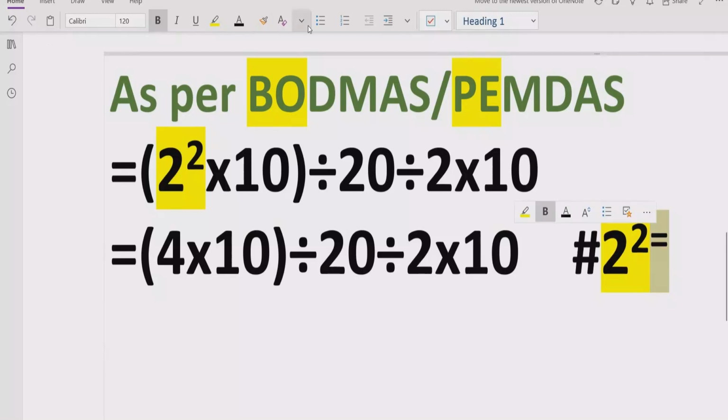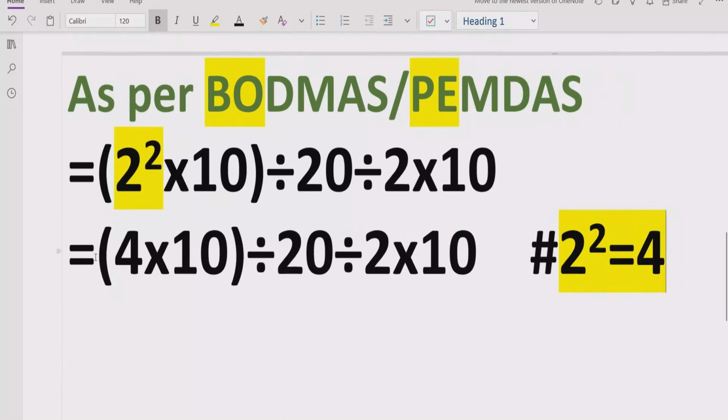So here we have 2 raised to power 2, which is equal to 4. Now we have solved the exponent part in this expression. Now move forward to solve the bracket, which is 4 multiplied by 10. So 4 multiplied by 10 is equal to 40.